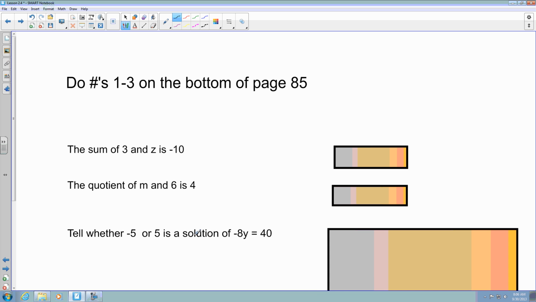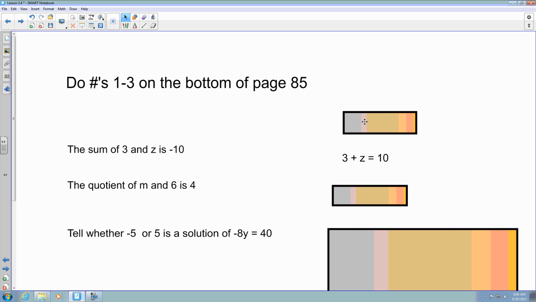Here are some verbal statements that are given to us, and we're going to try to write math problems from these statements. The first is: the sum of 3 and z is negative 10. Sum means addition. So the sum of 3 and z is, and that means equals, negative 10.